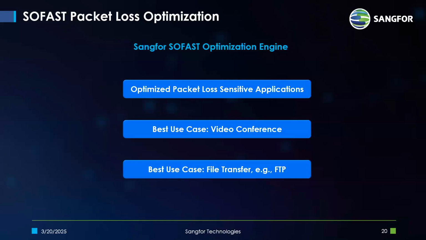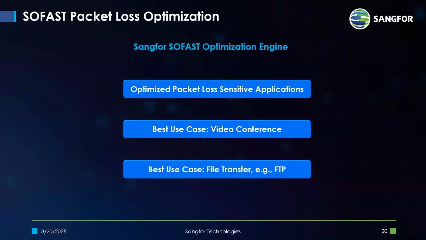Let me explain how SOFAST optimizes FEC technology for better network performance. Normally, FEC adds extra redundant data to help recover lost packets and improve application stability. But SOFAST takes it a step further. Instead of using a fixed amount of redundancy, SOFAST intelligently adjusts in real time based on network quality and application type.